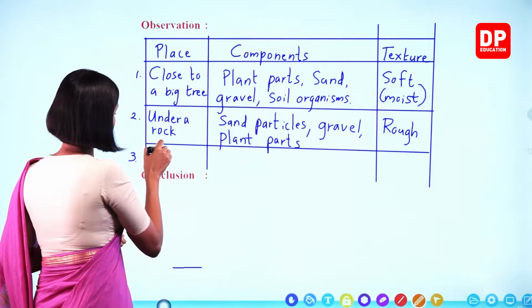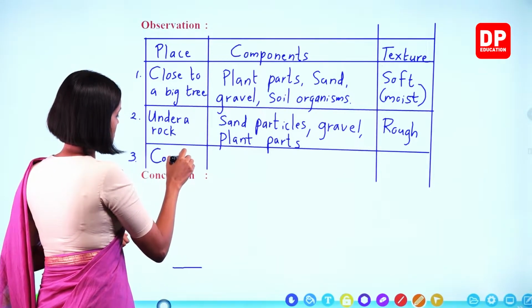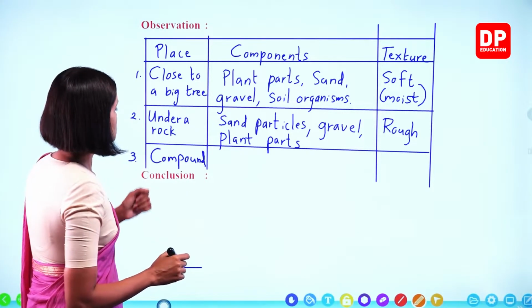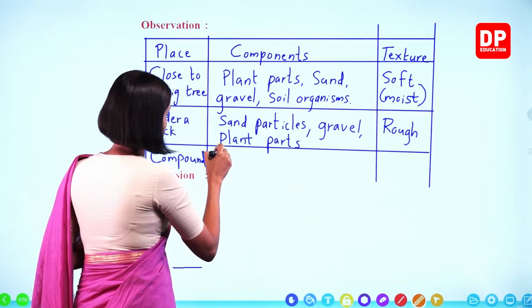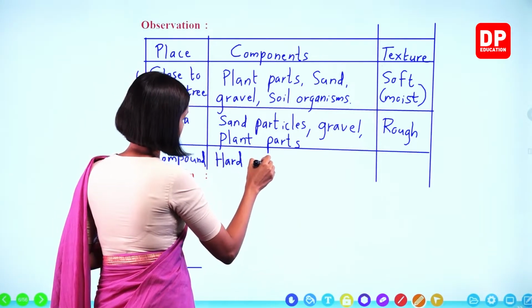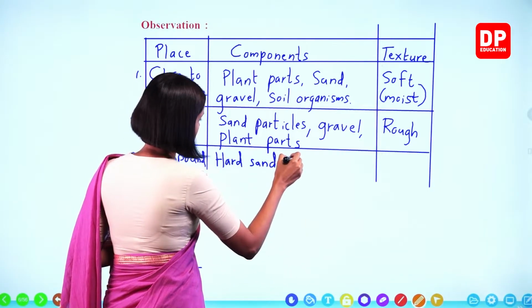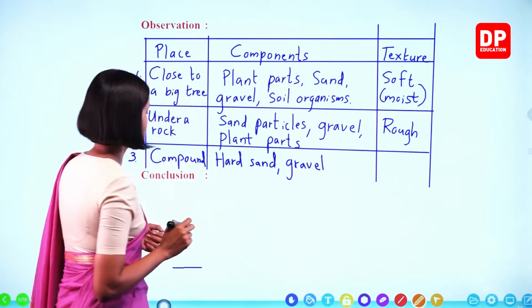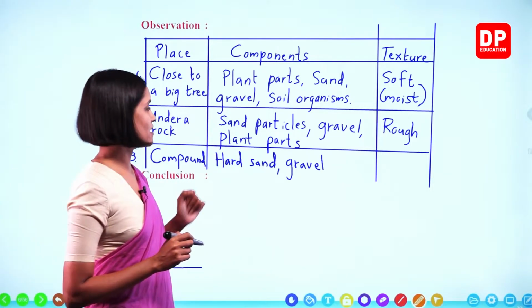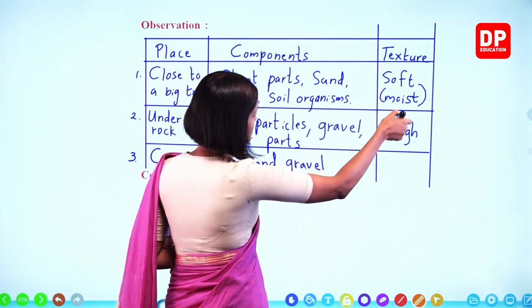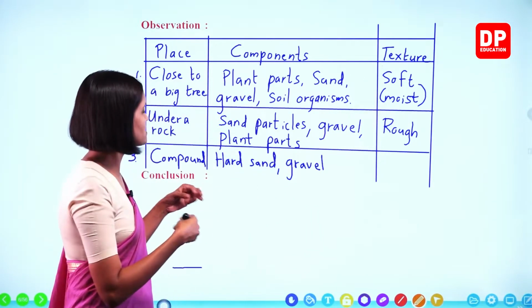The third sample was from the compound. Right. So there we could see hard sand and gravel. And the texture was rough and it was a bit dried off.